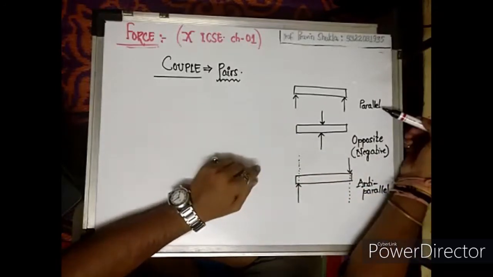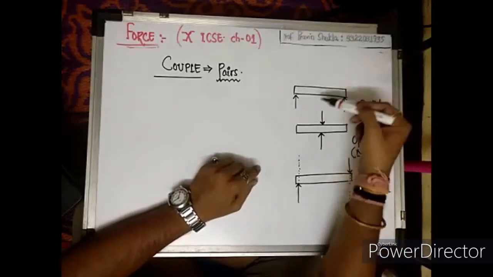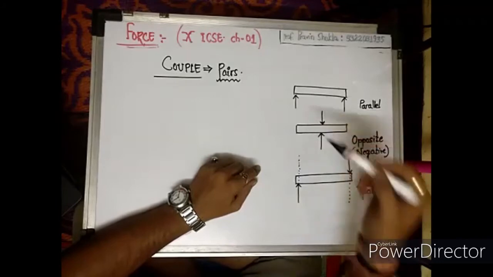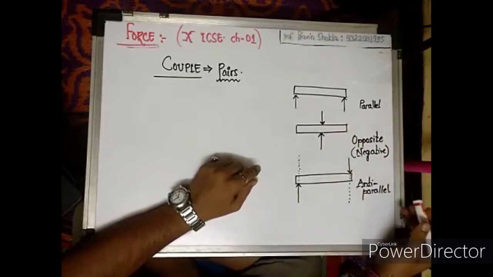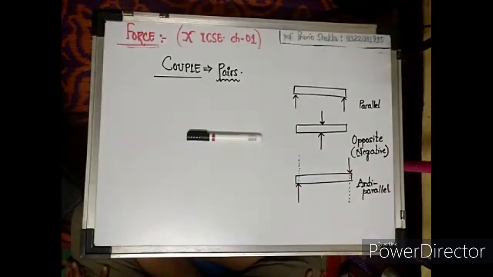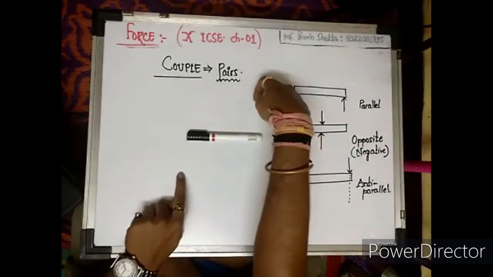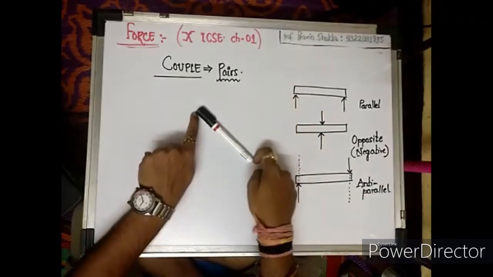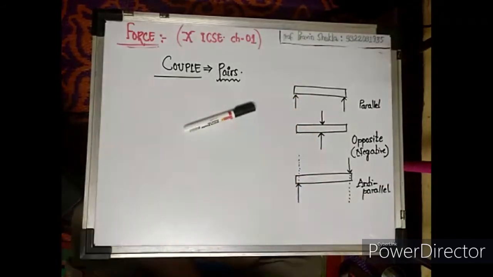Understand this? We have parallel forces, which add up. We have opposite forces, which basically cancel each other. We have anti-parallel forces acting on the same body. Now I will show you an example. Look here. Can you see this? What is happening? There is a very special thing happening here.